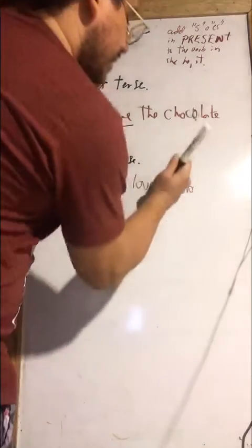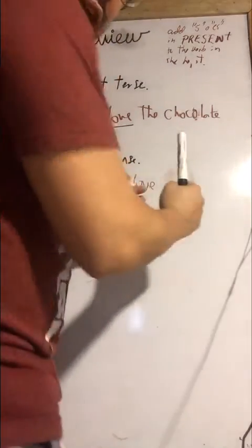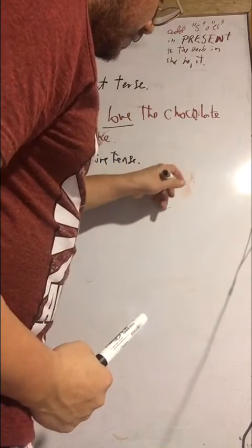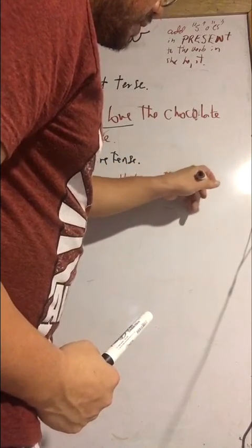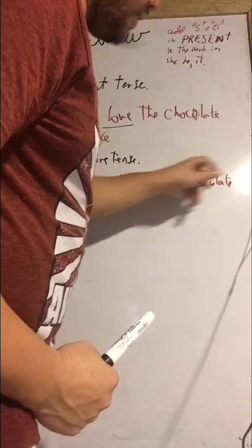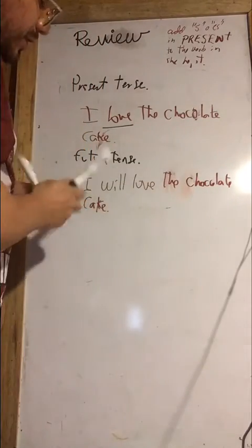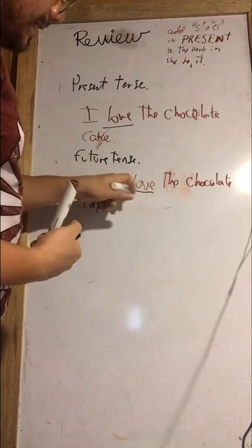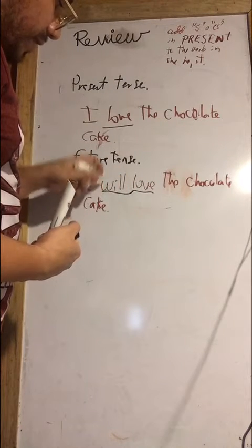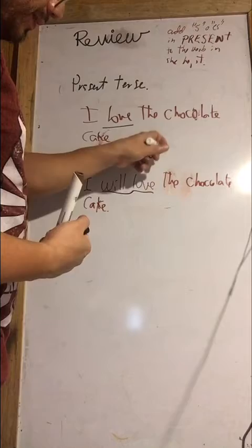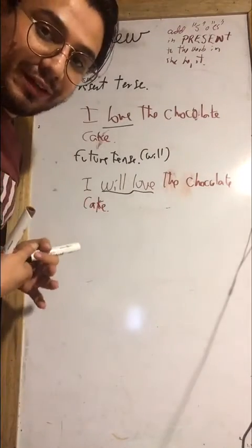Sorry that my handwriting is so ugly. It's kind of difficult to write and not to block the screen. And as you can see, the only thing that changed in here, it's still love, but now I have will, because in the future tense, I add will to the verbs.